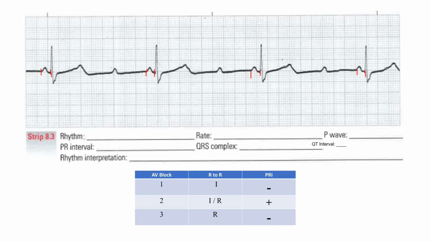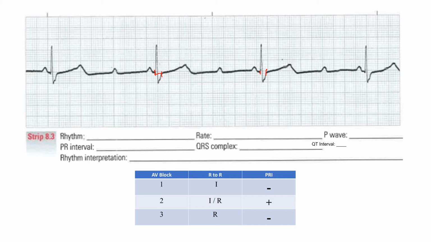So you have a PR interval of 0.14 to 0.16. Your QRS is a little bit wide, so I'm going to check that for you. We measure from the beginning of the Q into the S. It looks like about 3 boxes, so your QRS is about 0.12.